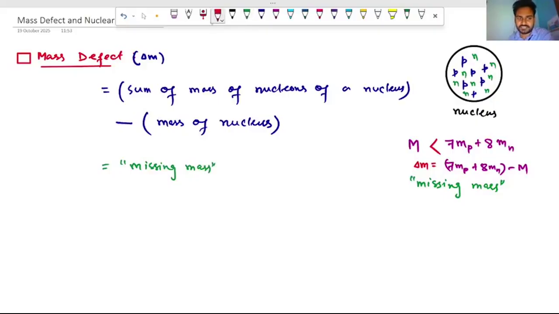But actually there is no mass missing. No missing of mass is there.